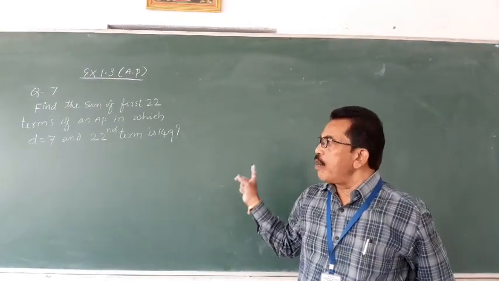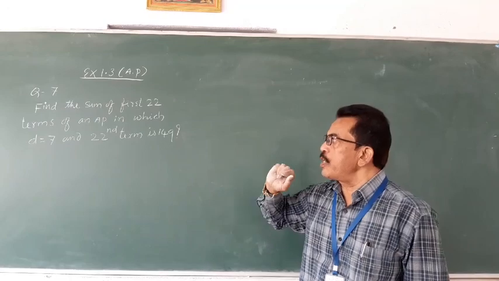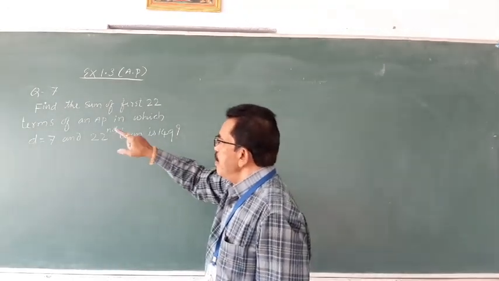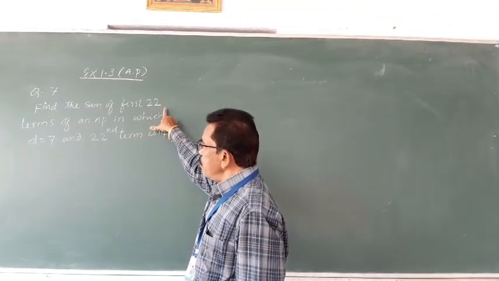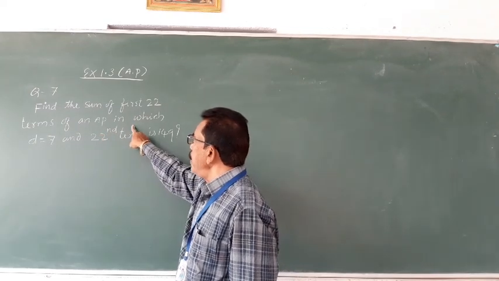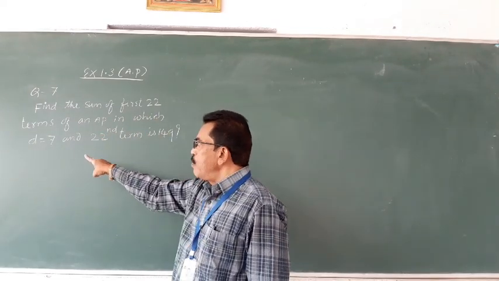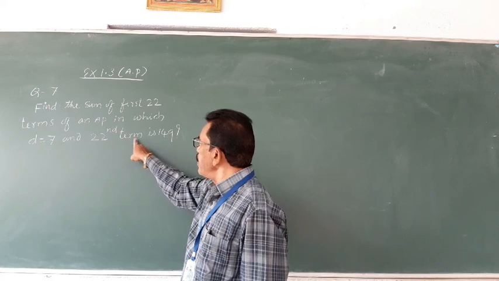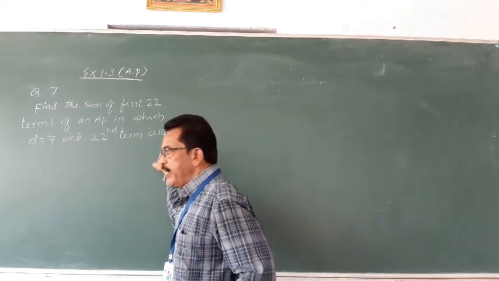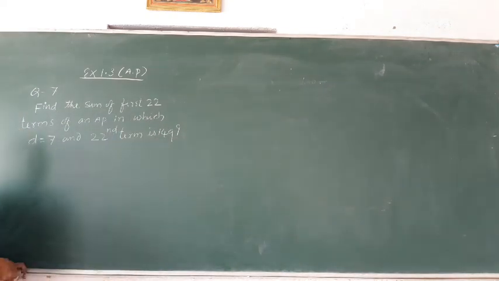Okay, now fourth one, today's fourth question, that is question number 7. Find the sum of first 22 terms of an AP in which d equals 7 and 22nd term is 149. See, let us write what they have given.